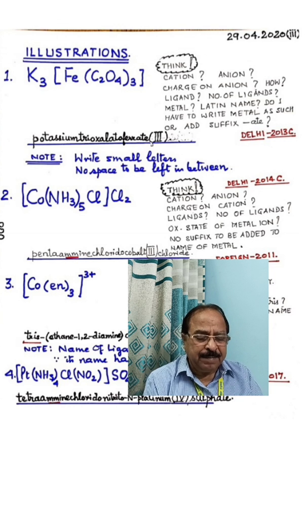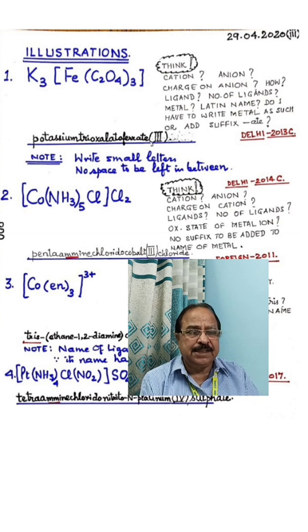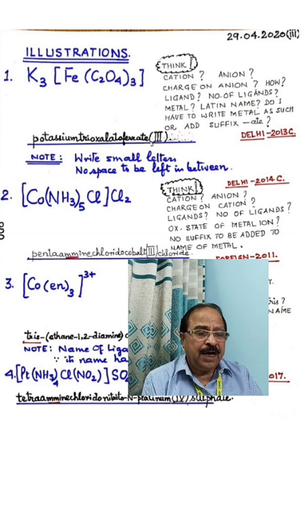So the name is potassium trioxalato ferrate. Now in brackets I have to write the oxidation number of this iron atom. Since the charge on the coordination entity is -3, and the charge of the 3 oxalate ligands is -6, iron must have a +3 charge on it.